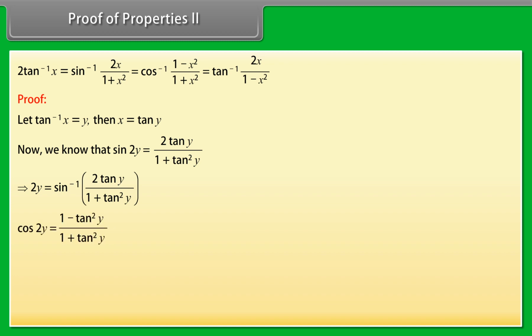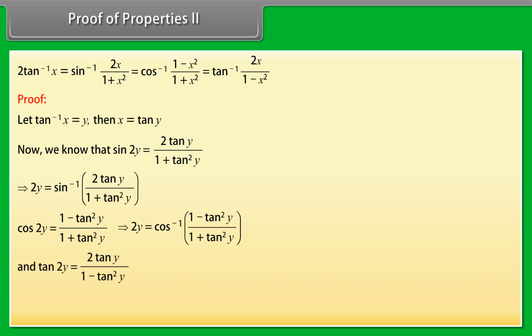Cos 2y is equal to (1 minus tan square y) by (1 plus tan square y). It implies that 2y is equal to cos inverse of (1 minus tan square y) by (1 plus tan square y). And tan 2y is equal to 2 tan y by (1 minus tan square y). It implies that 2y is equal to tan inverse of 2 tan y by (1 minus tan square y).